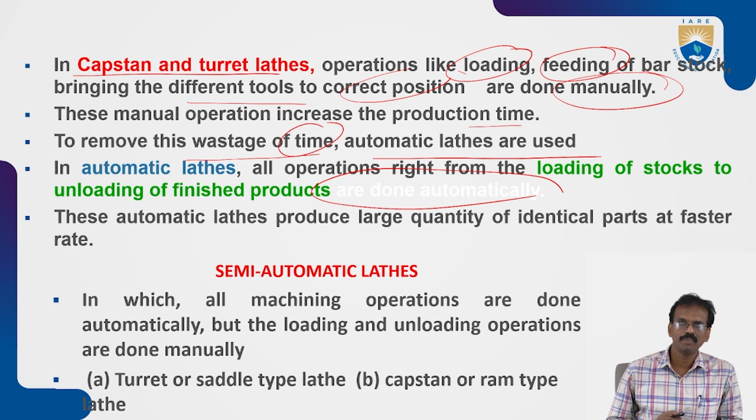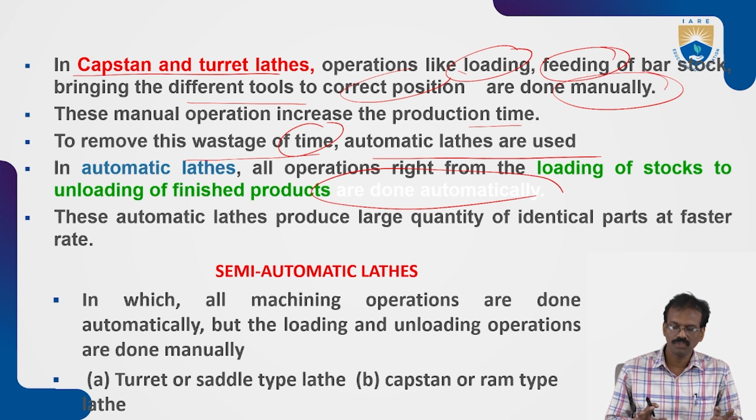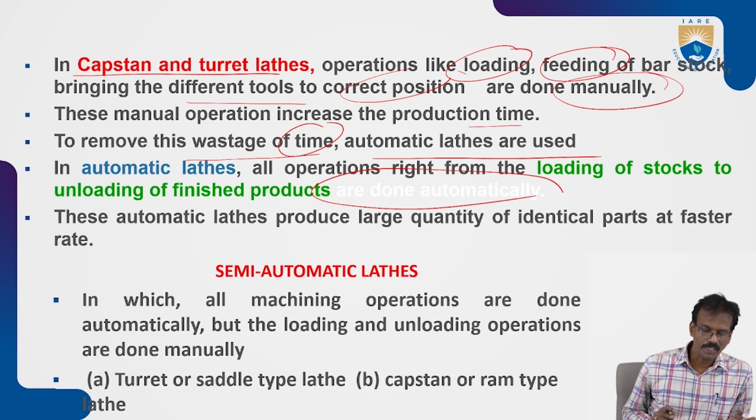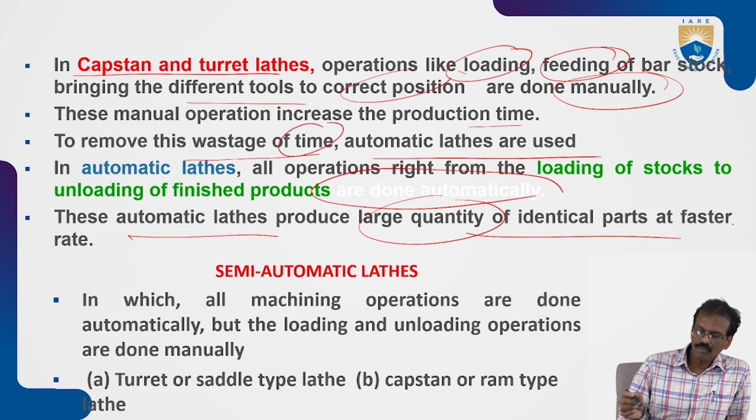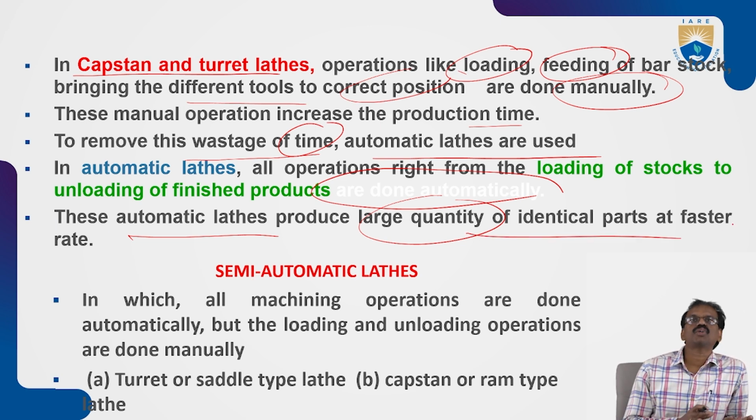But in semi-automatic, a few operations, just loading, feeding, and positioning of the tool bit, are done manually. So these automatic lathes produce large quantities of identical parts at a faster rate. Semi-automatic and automatic lathes are mainly preferred for the mass production of objects.